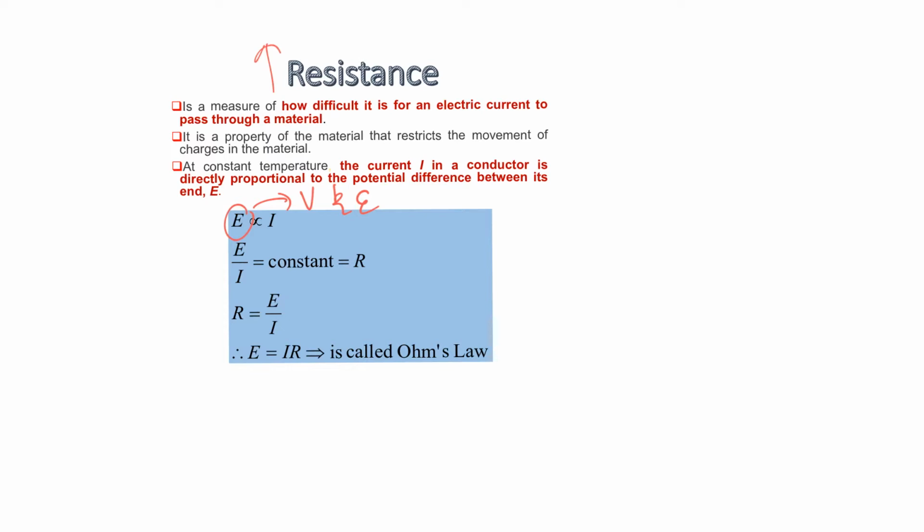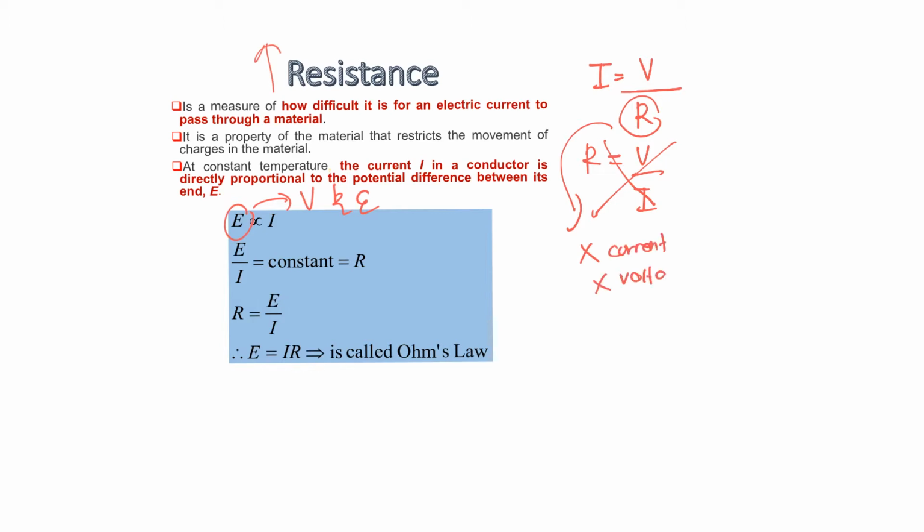Based on Ohm's law, Ohm's law states that current is directly proportional to the potential difference and inversely proportional to the resistance. Please make sure that you put it in the correct arrangement. You cannot put R equals V over I. This is totally wrong, because resistance doesn't depend on current or on voltage.